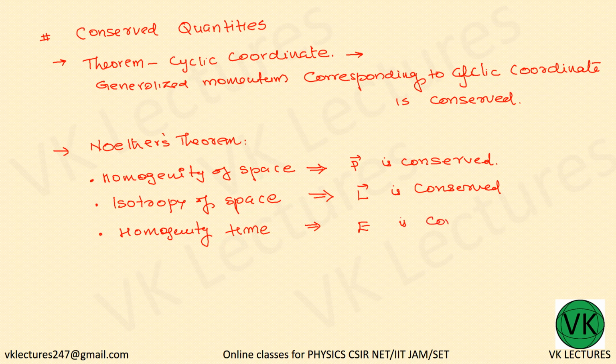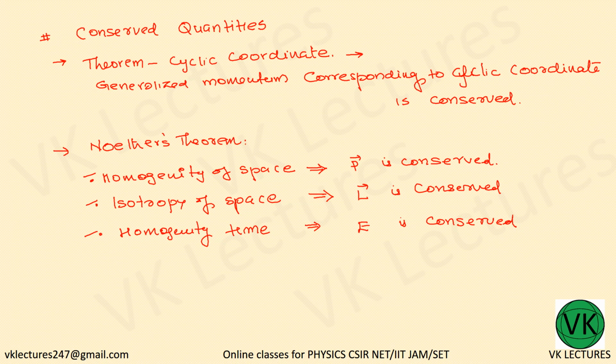So in almost all cases we have the homogeneity in space, isotropy in space, and homogeneity in time, which means the linear momentum, angular momentum, and the energy are conserved. Now, what does this homogeneity of space indicate?